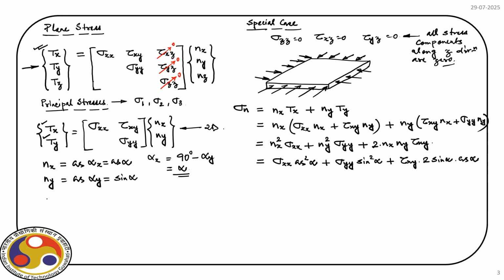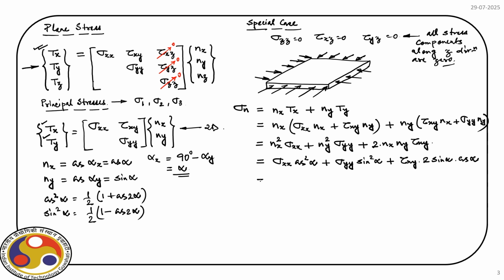We can further simplify. If you recall, cos square alpha is equal to half of 1 plus cos 2 alpha, and sin square alpha is equal to half of 1 minus cos of 2 alpha.